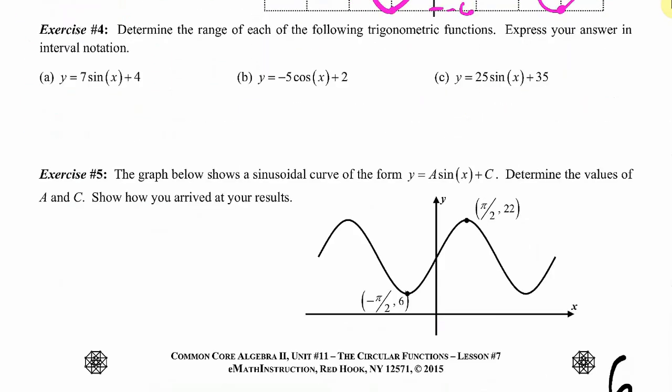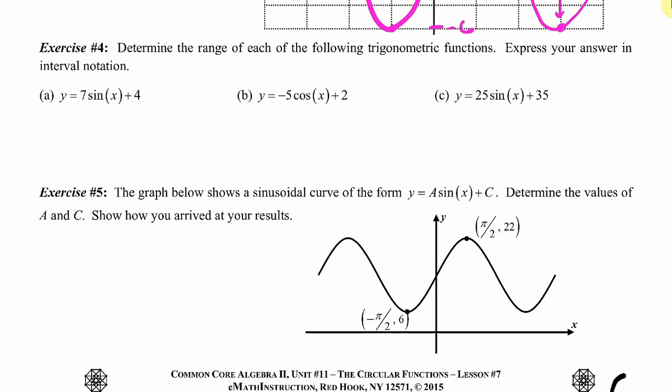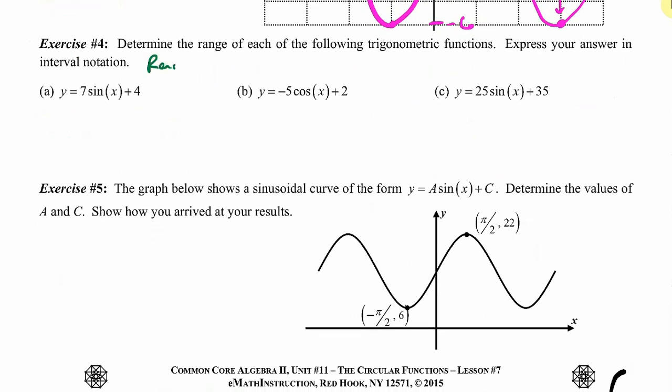All right, algebraic here, determine the range of each of these. So again, C, it's important that you do C plus A and C minus A, not A plus C and A minus C. That's not going to be the same thing. So again, range, C plus and minus A. So here we're going to do 4 plus 7, 4 minus 7. And the range here will go from -3 to 11.